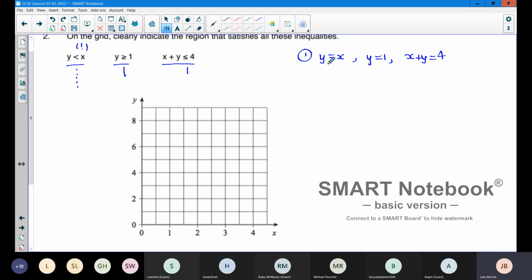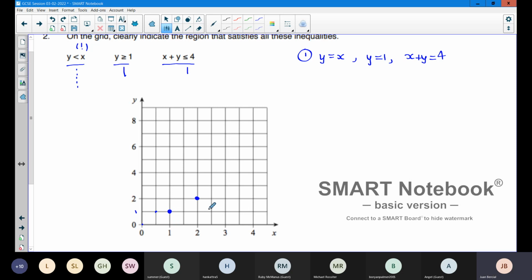So y equals x. Remember that this is the bisector, so the x coordinate is equal to the y. If x is 0, y is 0. Sorry, this is a slightly different scale, so that's important because that's the 1. If x is 1, y is 1. So be careful with the scale. So that's 1, 1.